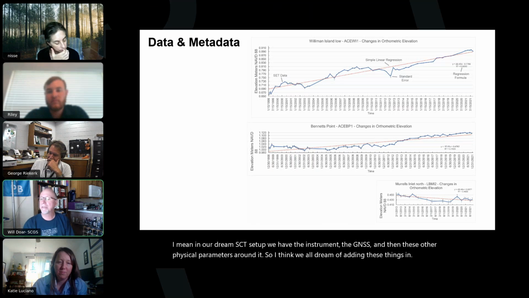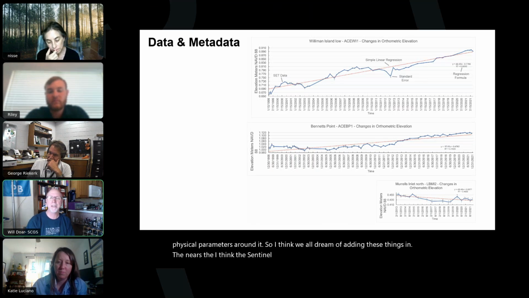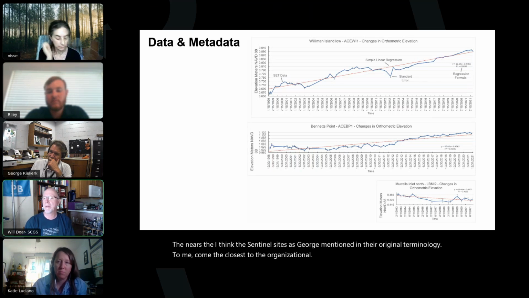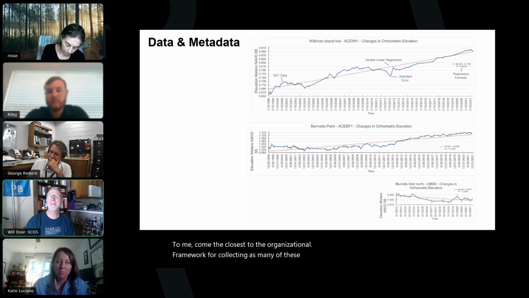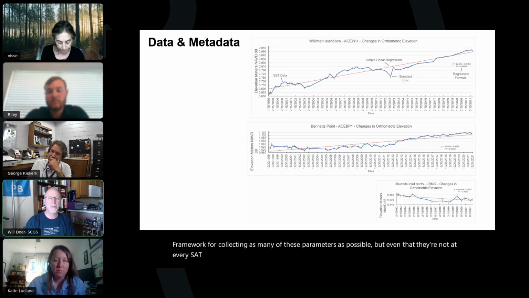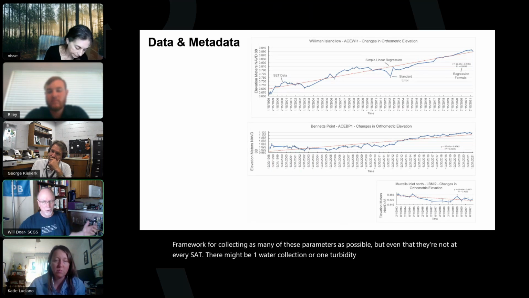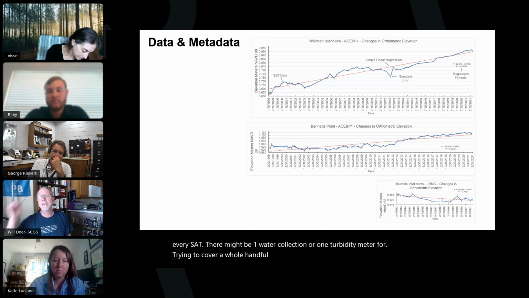The NERRS Sentinel sites, as George mentioned in their original terminology, come the closest to the organizational framework for collecting as many of these parameters as possible. But even that, they're not at every SET. There might be one water collection or one turbidity meter to cover a whole handful of SETs because of the costs involved.